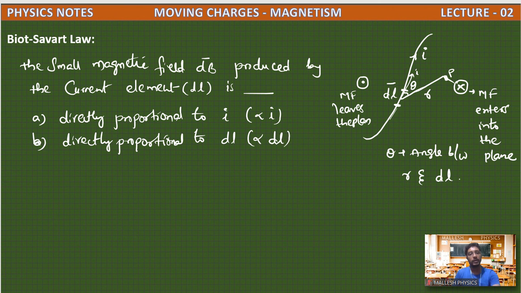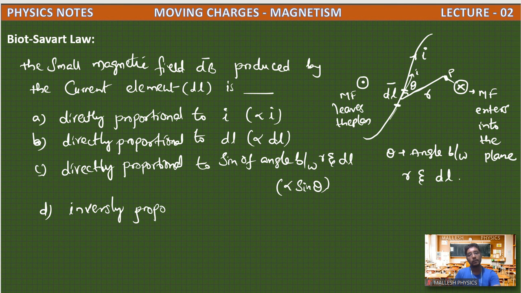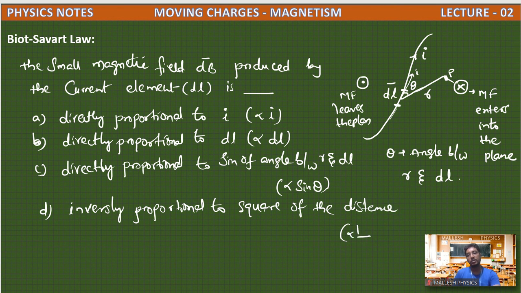So it is directly proportional to dl, and directly proportional to the sine of the angle between r and dl, which means directly proportional to sine theta, and inversely proportional to the square of the distance, that is inversely proportional to r square.